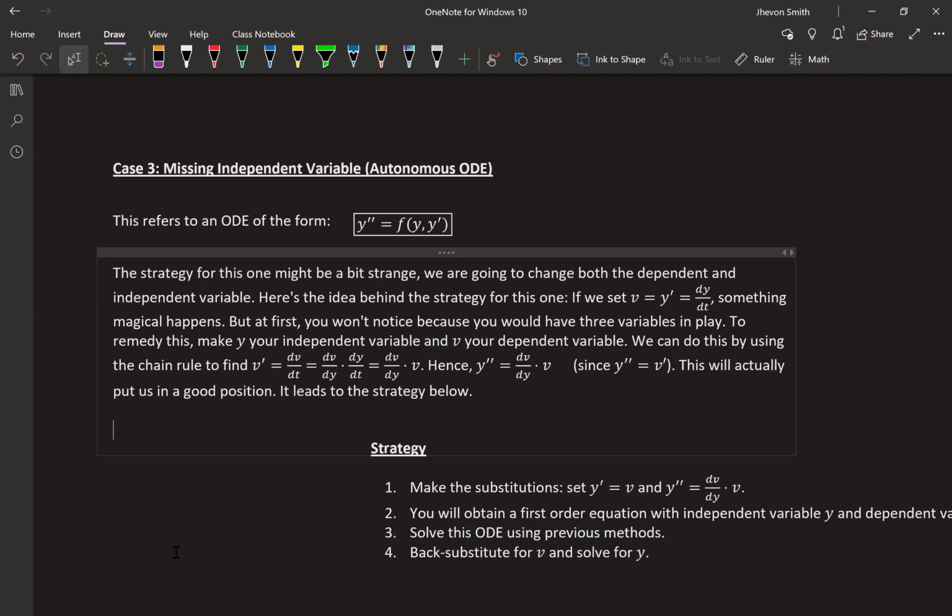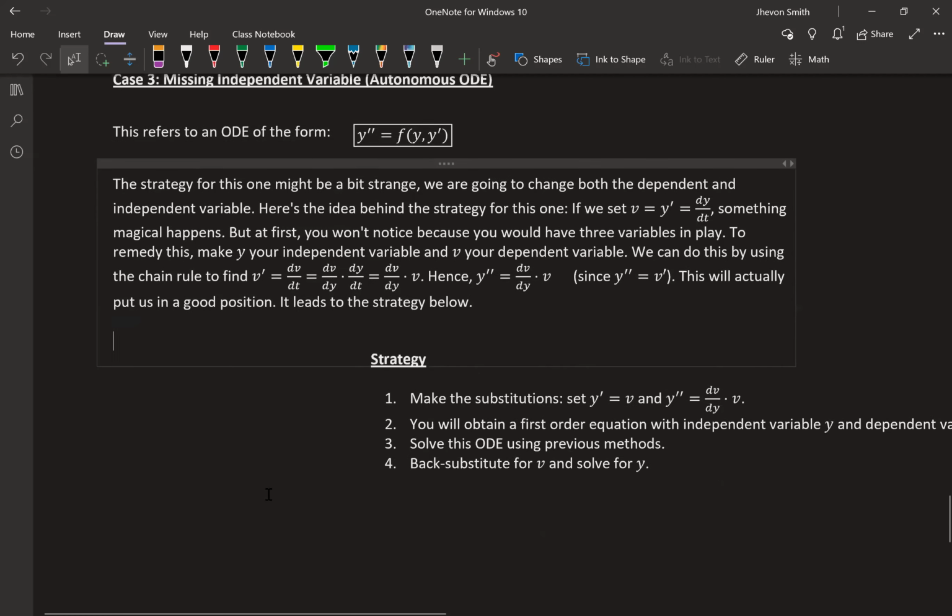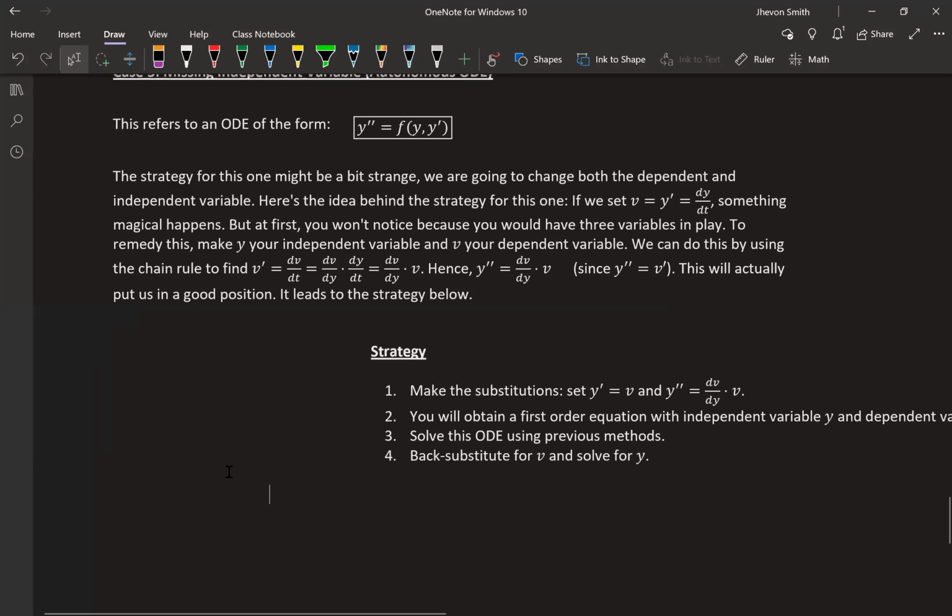And so now you can get a first order scenario in which y is the independent variable and v is the dependent variable. You solve that, and then you do the back substitution, and then you can solve the equation. So ultimately, this strategy comes down to the following.